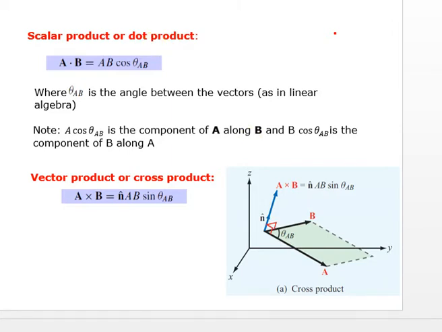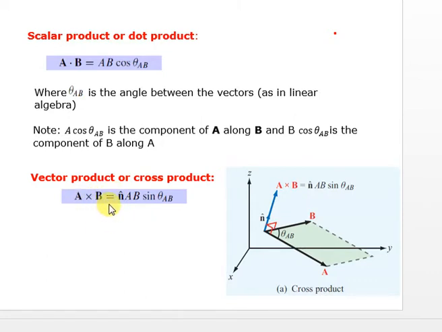After doing the scalar product or dot product, we get a scalar quantity, but for the vector product or cross product, the new quantity created is a vector quantity. Suppose here you can see vector A and vector B, taking the cross product of these vectors.